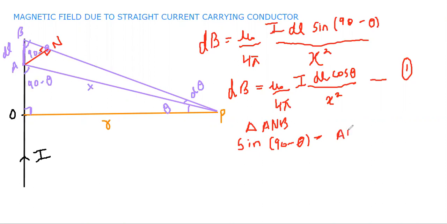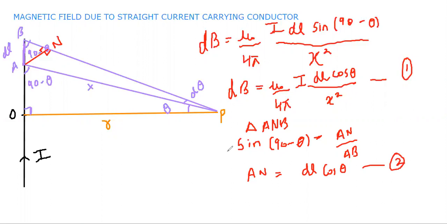AN divided by AB. The value of AB is dl. So the value of AN would be dl cos theta. Let this be your second equation.